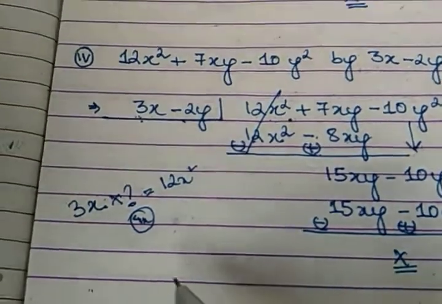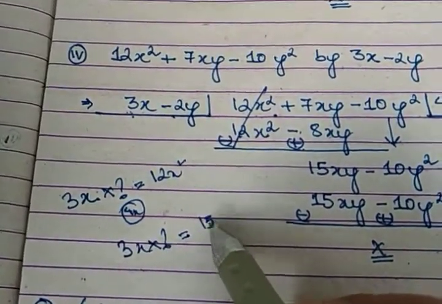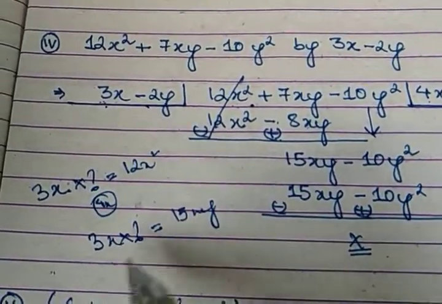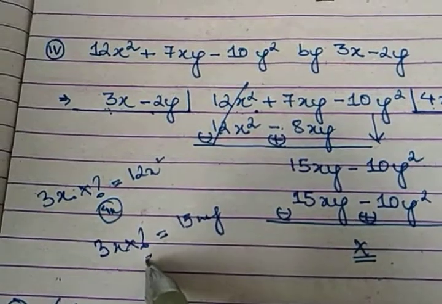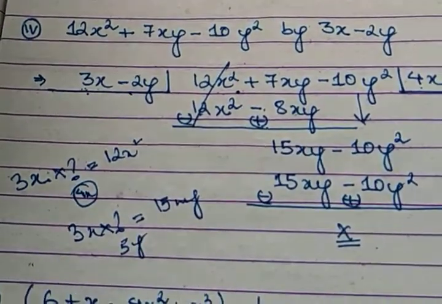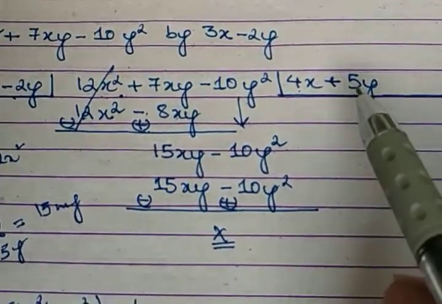Now again, what should I multiply with 3x to get plus 15xy? The sign remains same, so no need to mention plus. 3 fives are 15, so it will be 5. X we already have, so all we need is y, 5y, isn't it? So I have done with plus 5y.